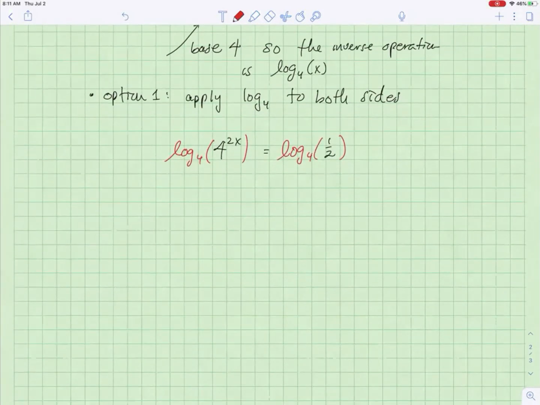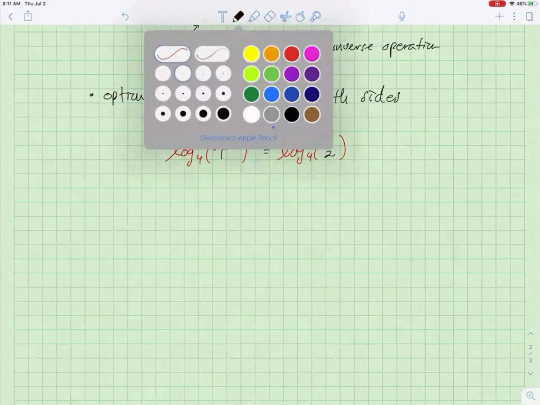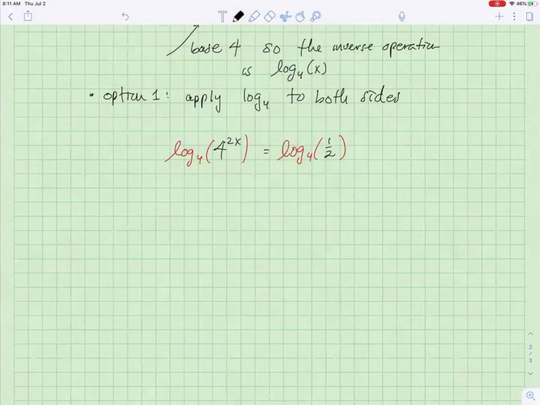Now, there's a couple of different ways that this can go. In terms of your thought process, we can use log properties, which we talked about yesterday, which say that if you have log base b of x to the n power, you can bring down that power as a coefficient.